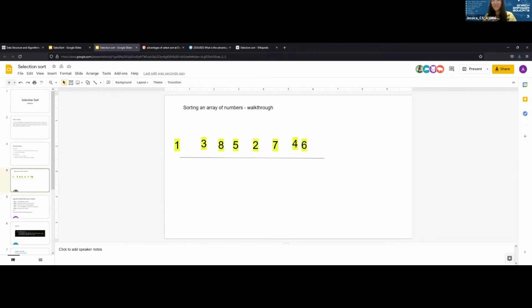It would be a hassle to do it one more time, but basically the computer would look through the rest of the array starting from 3, the second index, all the way to 6, and we can find out that number 2 is the smallest number of the array. So taking that, we're going to swap it into the second index of the array. The list goes on and on until the entire list is sorted.